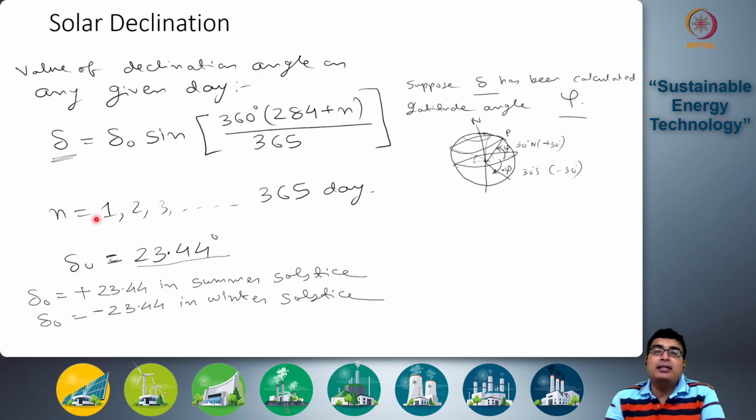N is the day of the year. So January 1 is the first day, January 2 is the second day, December 31st is the 365th day of the year. So this n is the day count. Okay, so if you use this formula, delta naught times sine of 360 degrees times (284 plus n) by 365, this angle will be in degrees. Then you will get the declination angle for that given day, the nth day of the year.